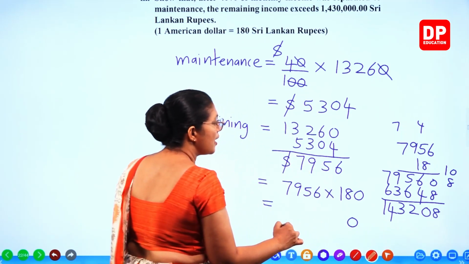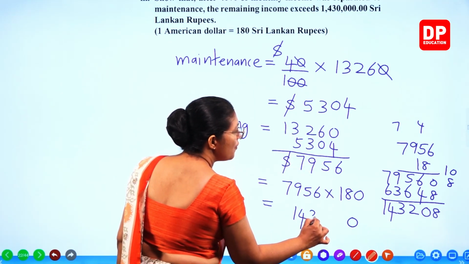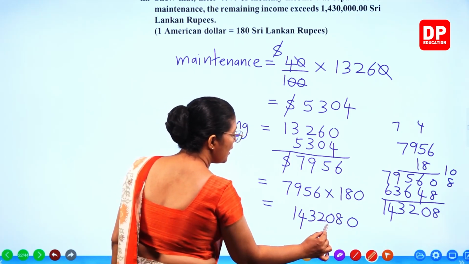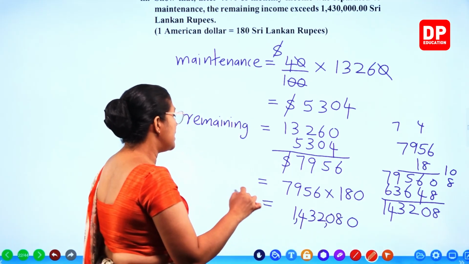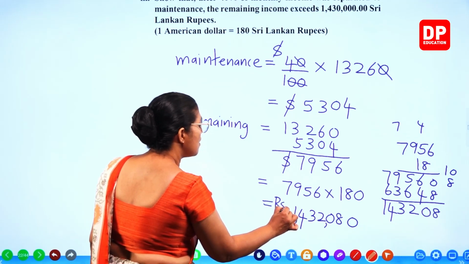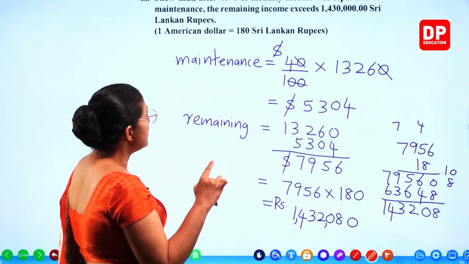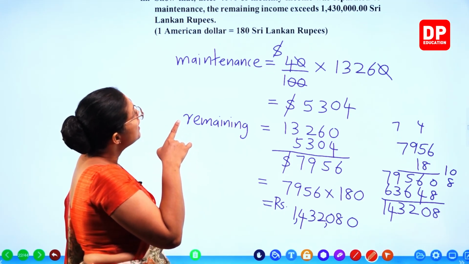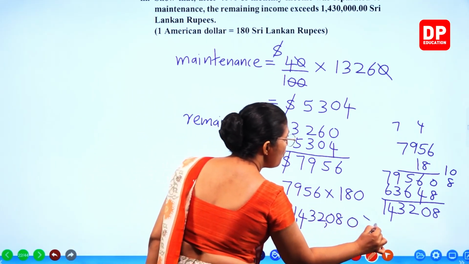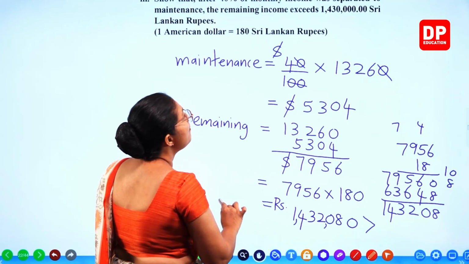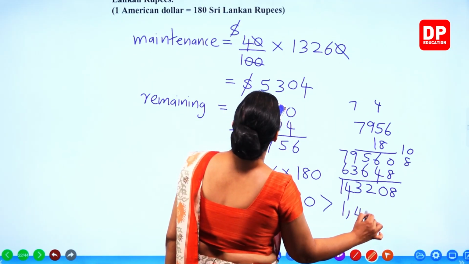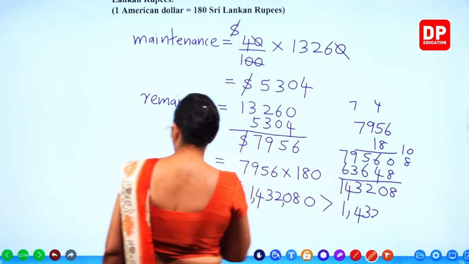So here you get 1,432,080. So what's the value? 1,432,080 rupees. So that's exceeding, this is more than 1,430,000.